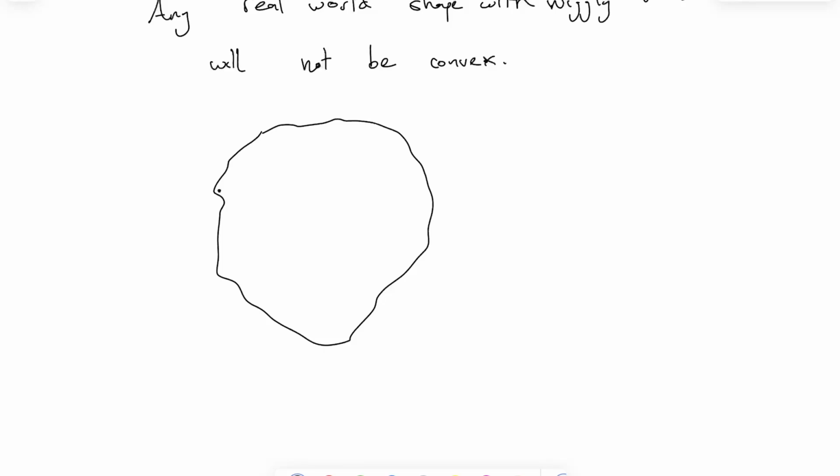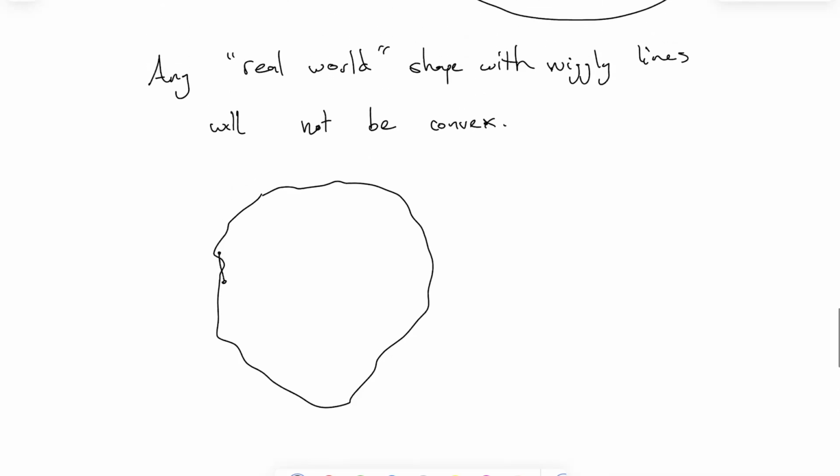But really, it's only because of the little wiggliness around the outside. If it wasn't so wiggly around the border, then it would be convex. So in real life, typical shapes are usually not convex. In order to be convex, the edge has to be kind of perfectly smooth and never bending inwards.